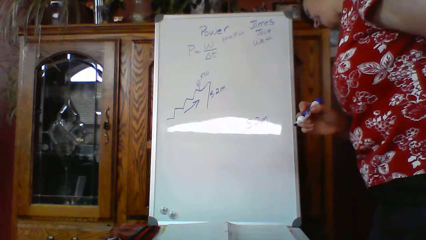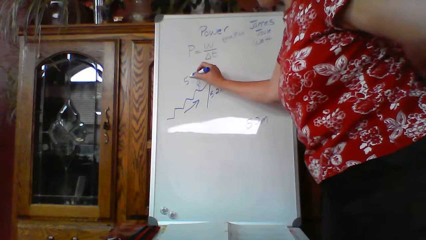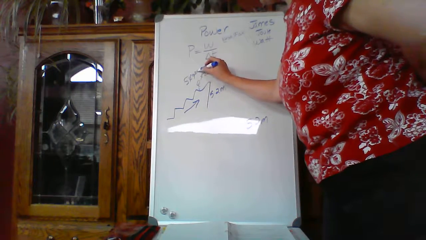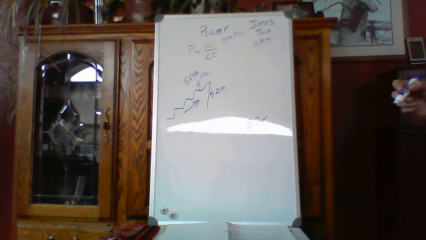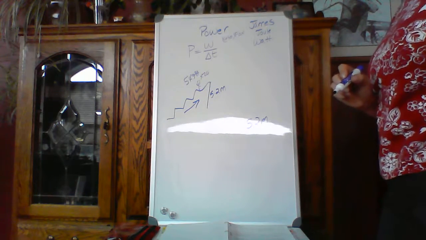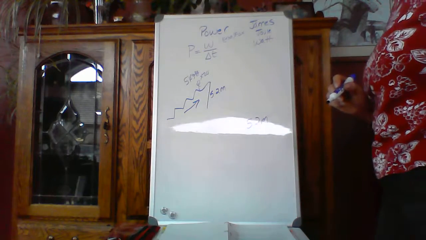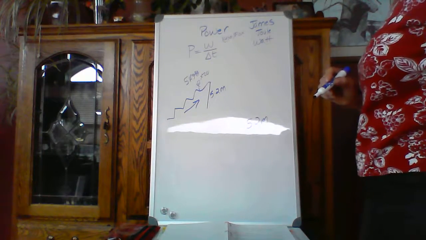And we'll say that the average person's mass is going to be 54.9 kilograms. We want to know how much power is going to be required to get all these people up to the second floor. Okay, so let's look at what we have.